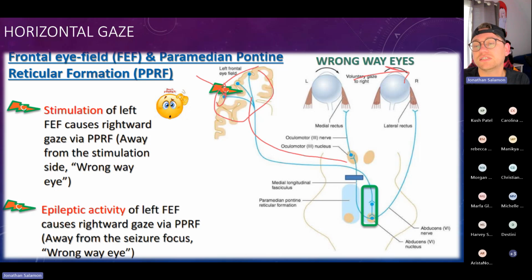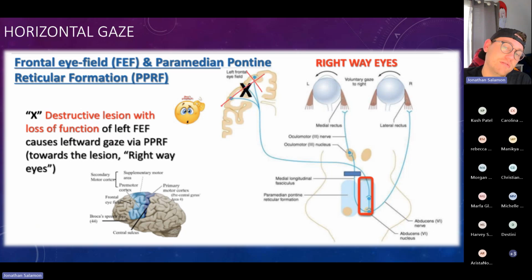And the reason is, like I just explained, because the signal comes across and it stimulates the right abducens nucleus, which is going to abduct the right eye. And the right abducens nucleus, through the medial longitudinal fasciculus, is going to tell the left oculomotor nucleus to adduct the left eye, and then your eyes end up looking to the right.